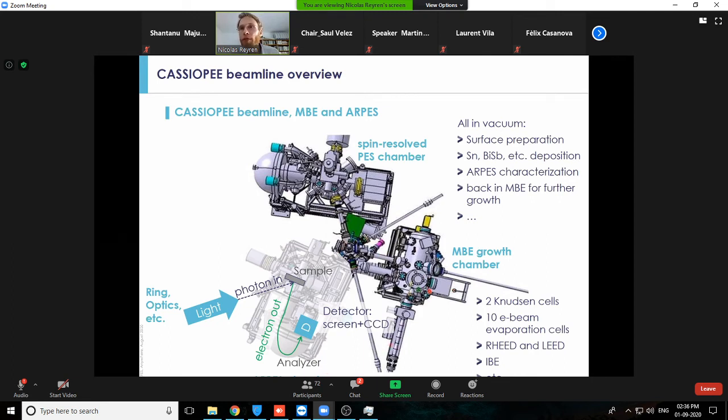Just a detail about the MBE growth chamber: there are two Knudsen cells that allow us to deposit, for example, the bismuth antimonide by co-evaporation, or the tin also by evaporation. And then we have several targets that we can evaporate by e-beam evaporation, especially the metals, including the ferromagnet.